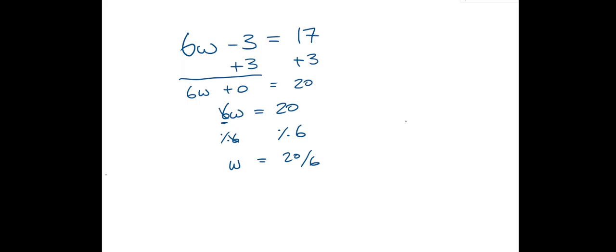And you could leave it like that, I guess, as an improper fraction. Let's simplify it a little bit. They're both even numbers, so let's divide both of them by 2. And that's a better improper fraction. It's a simplified improper fraction, but that's okay.